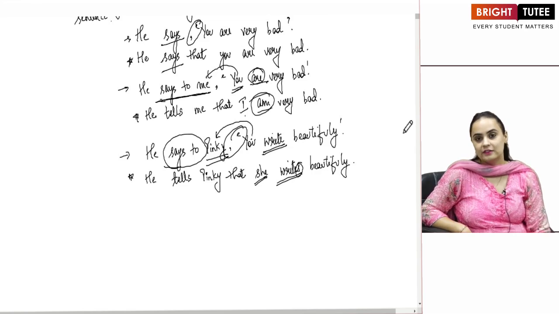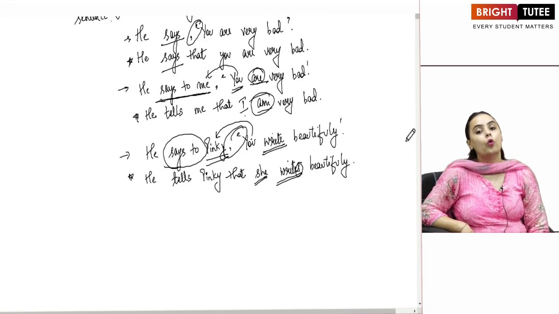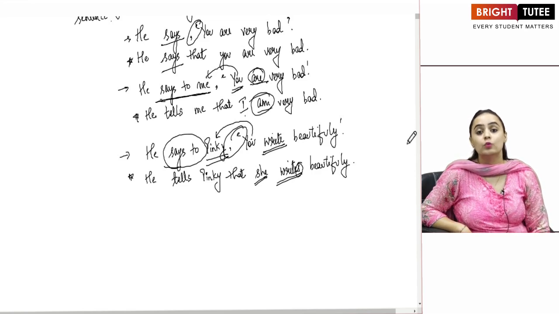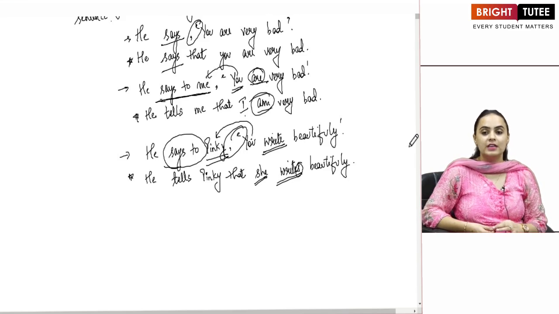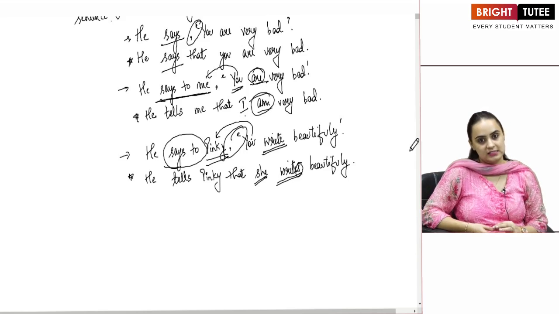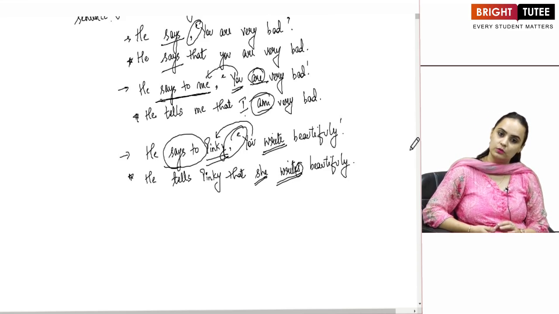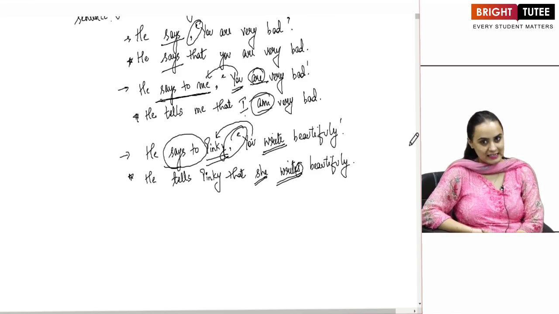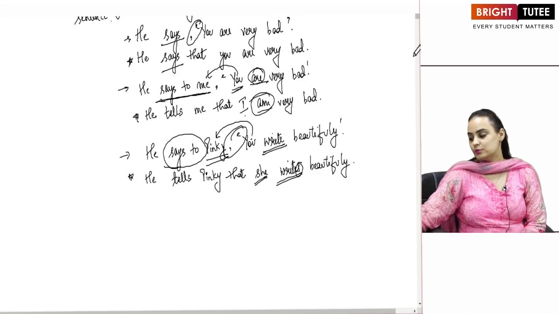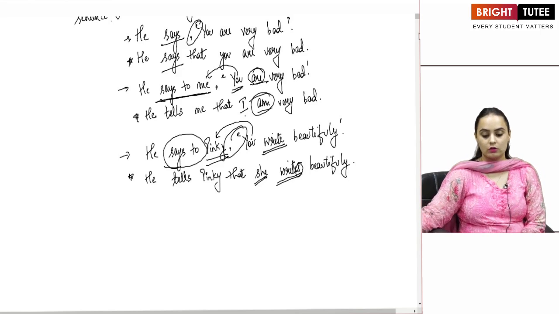And last thing that we learned, we will only change the reporting verb from direct to indirect if we have a listener in the sentence. If we do not have a listener, the reporting verb remains the same. If we have a listener, then it will change. Yeah? Now let us move on to the next set of rules which talk about changing the modal.